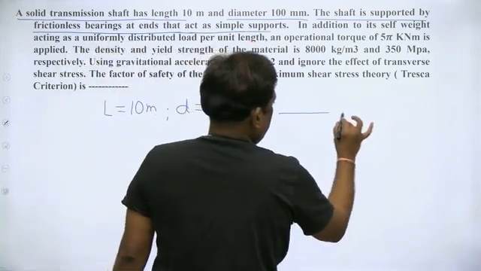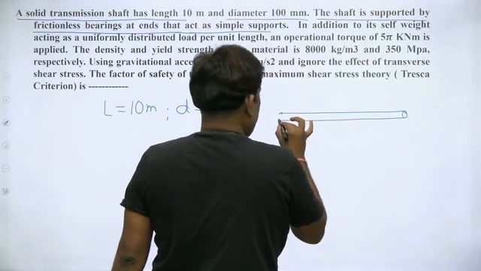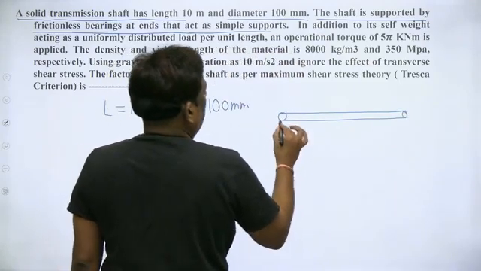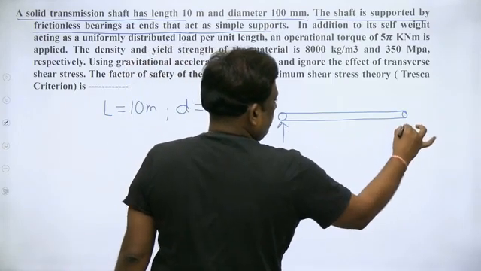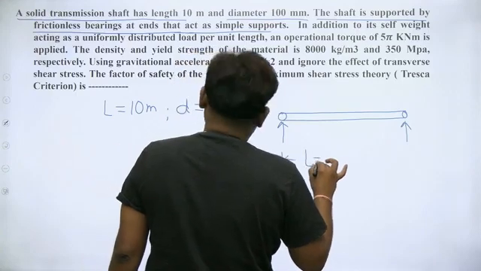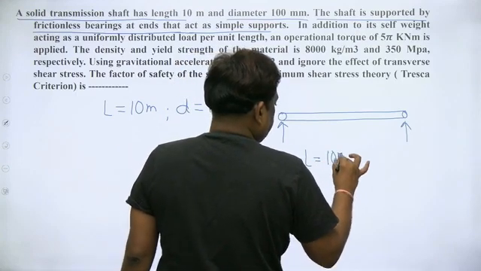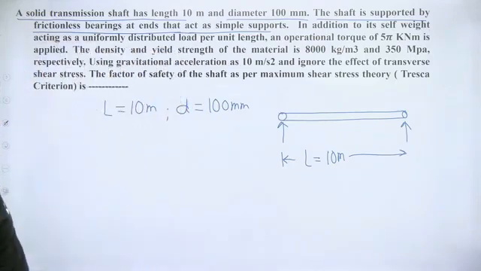Look here, there is a shaft and it is supported in bearings, and those can be treated as simple supports. The length of the shaft is given as 10 meter. Now, the diameter is also given.